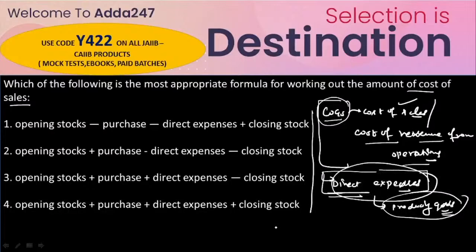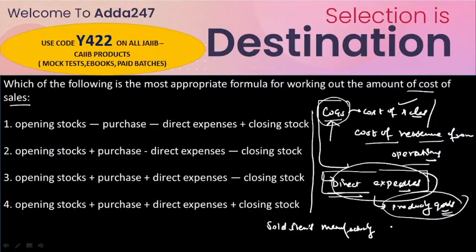In cost of goods sold we exclude all the indirect expenses, so we only consider the sold items' manufacturing cost.